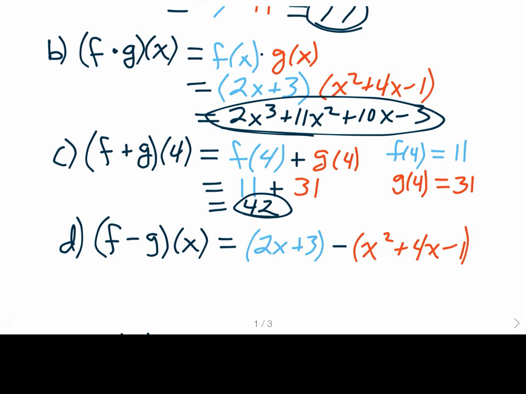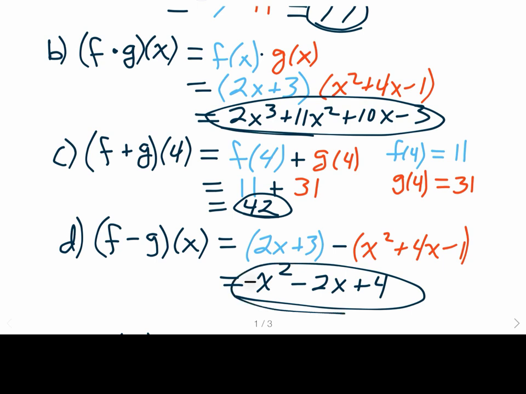I've put 2x plus 3, f of x, in parentheses, even though I didn't need to, just to say that that's the first function. However, g of x, because it has more than one term, and we are subtracting, does need to be in parentheses. So after distributing the minus sign and putting our answer in descending order, we're going to get negative x squared minus 2x plus 4 for an answer for (f−g) of x.